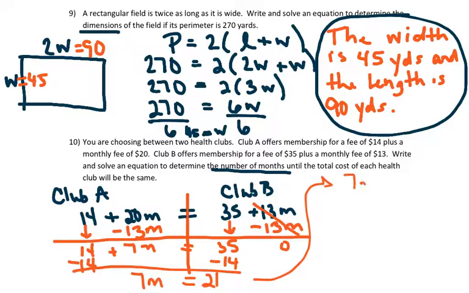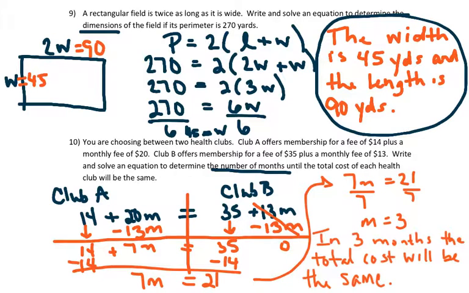So I have 7M equals 21, divide both sides by 7, and M equals 3. So the answer is, in 3 months, the total cost will be the same. Write your answer in sentence form, and then move on to the last problem, number 11.